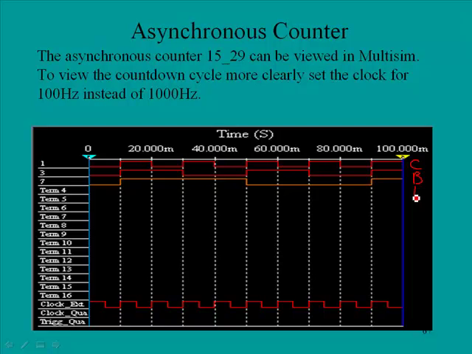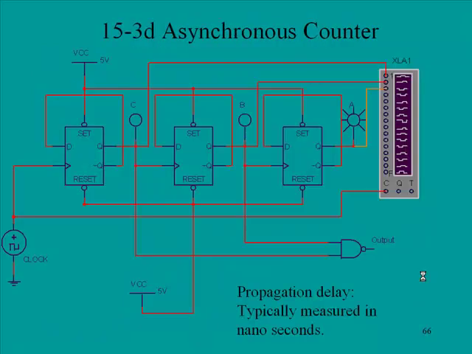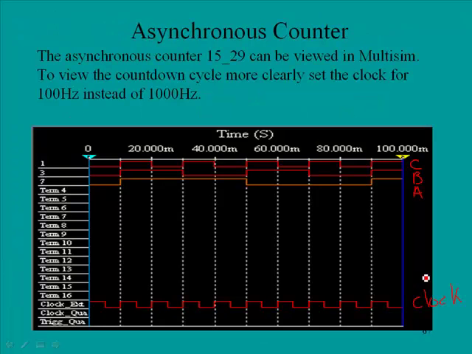This would be the C, B, and the A input, and this is the clock down here. Let's look at how this one actually counts, because the previous one that we looked at was an up counter. This is actually what we call a down counter. This is something that counts down from a specific value.